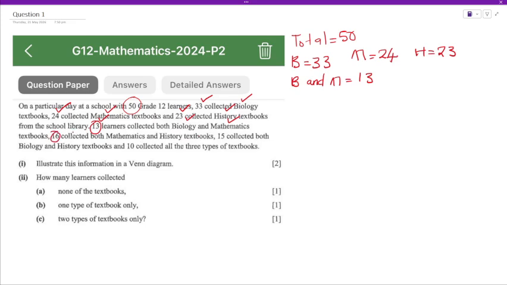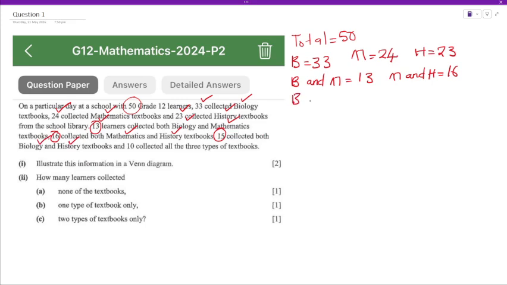16 collected both mathematics and history. Mathematics intersecting with history, the region is supposed to have 16. So math and history is equal to 16. And then 15 collected biology and history.